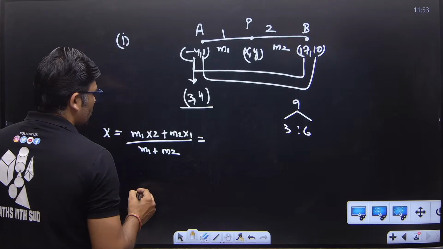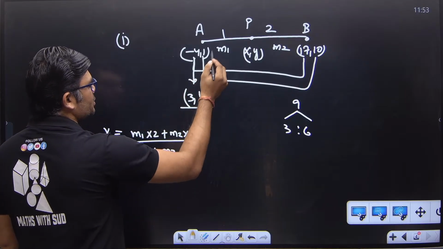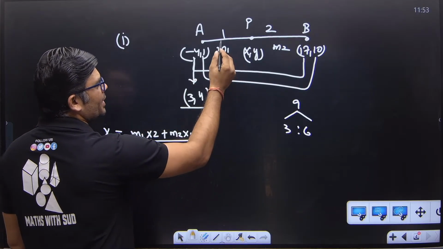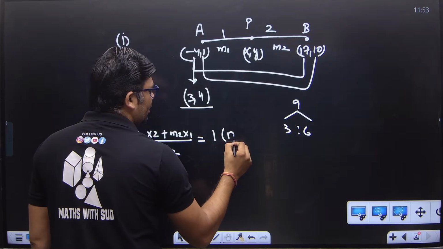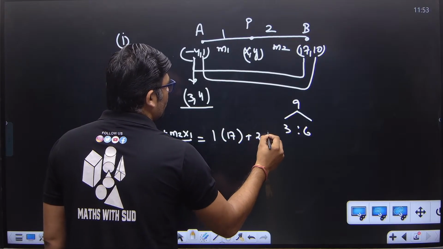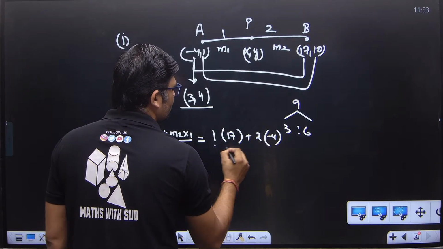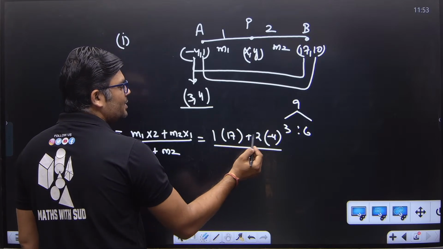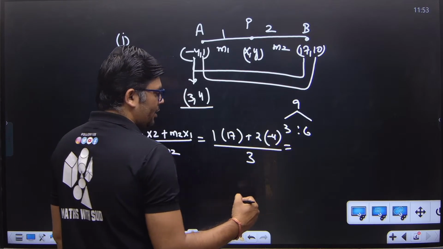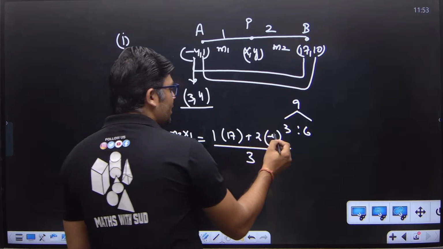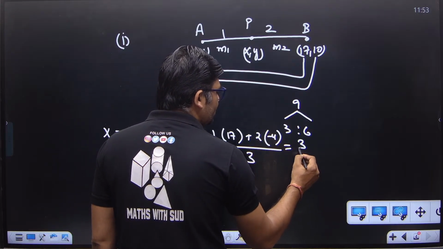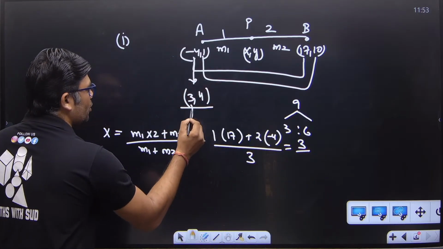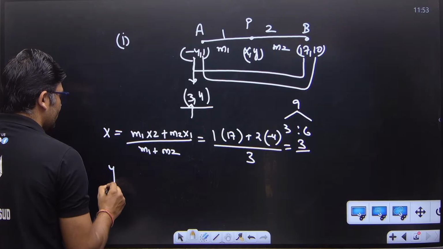M1 is 1, so 1 times X2, which is 17, plus 2 times -4, divided by 3. 17 minus 8 is 9. 9 divided by 3 is 3. So for X you got 3. Can you see that?